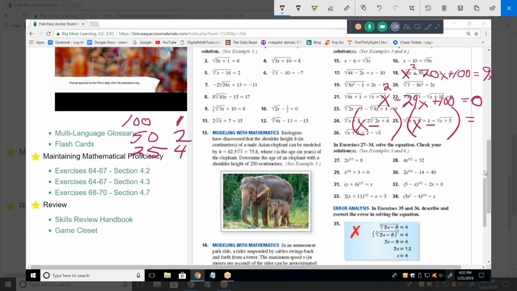I can no longer cut 25 in half. Can't cut it in a third, but I can cut it in a fifth. So what's the next two factors? 5 and 5. Now, if I cut this in a fifth, I got to multiply the 4 by 5. So it's 5 and 20.